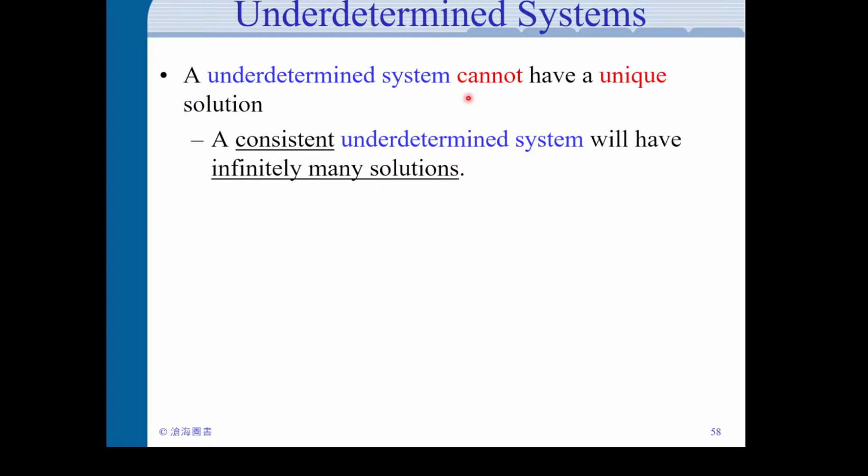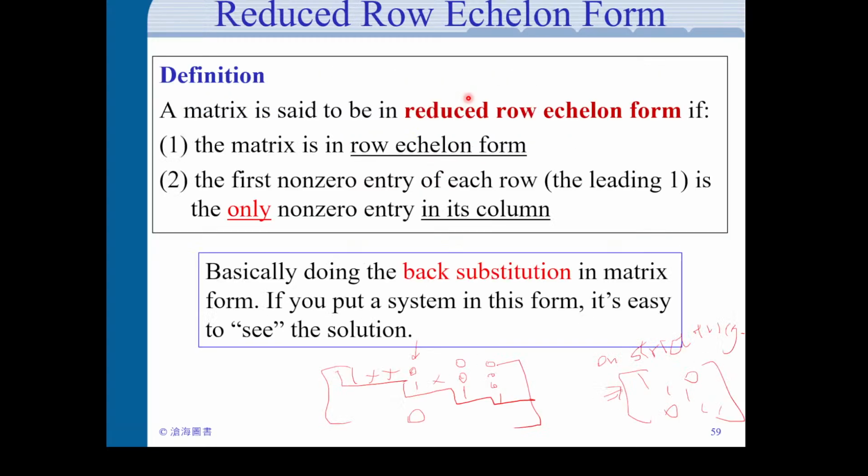If not, then let's continue our chapter 1. I think we should go faster today because we are on a quite tight schedule in the first half of our semester. Here is a small review. We have reduced row echelon form. This is when we solve a linear system using an augmented matrix.